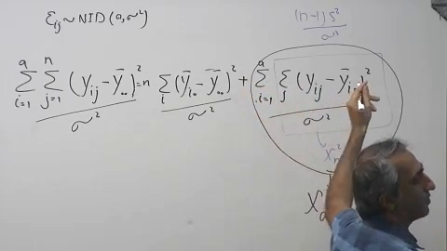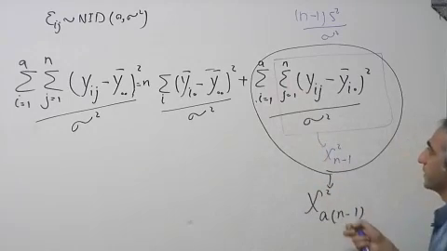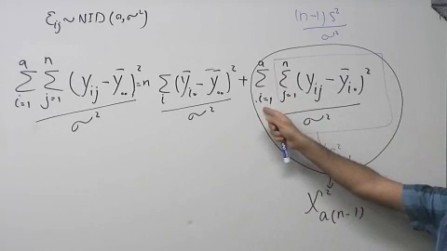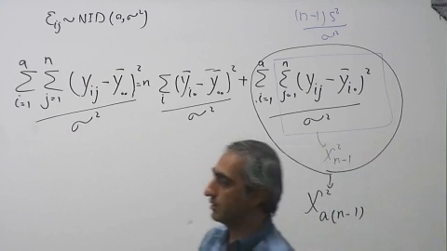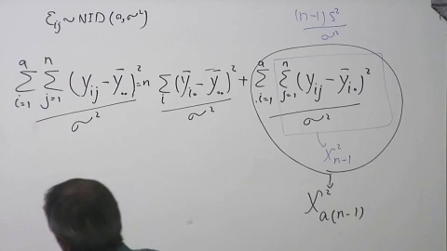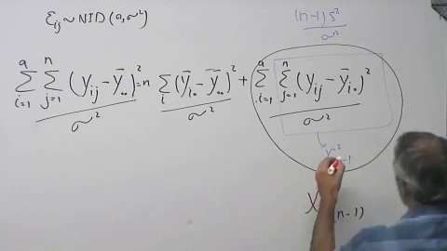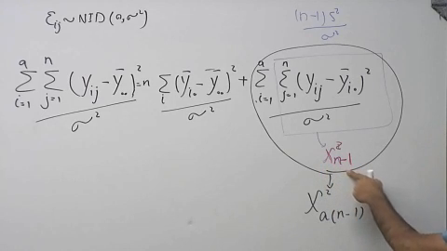Is it i from 1 to n? 1 to a, exactly, j from 1 to n. So how many of them do we have? A. Okay, good. So that one is chi-squared with n minus 1, and then we add them up, chi-squared with a times n minus 1.